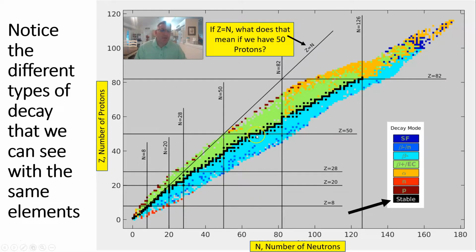All right. So if we take atomic number 50, right here, once again, we've got all of these stable marks, all these stable isotopes. Yet, if we add too many neutrons, it has a tendency to want to go through beta decay, which, if we remember, a beta particle will jump off of a neutron and therefore turn that neutron into a proton.